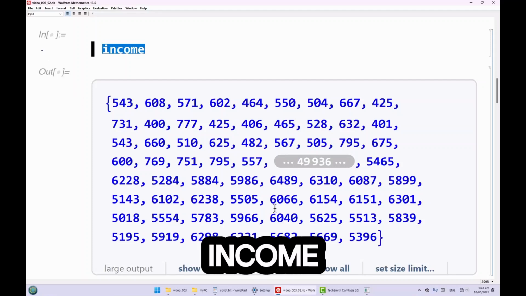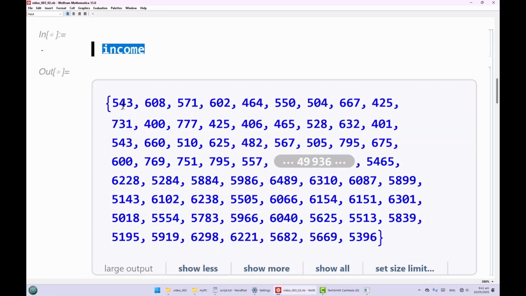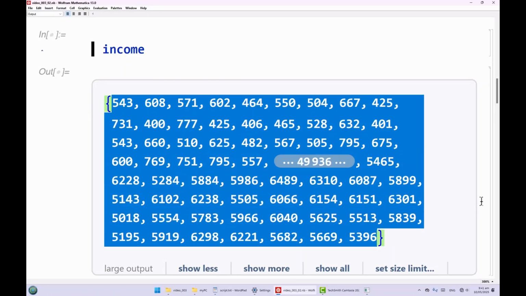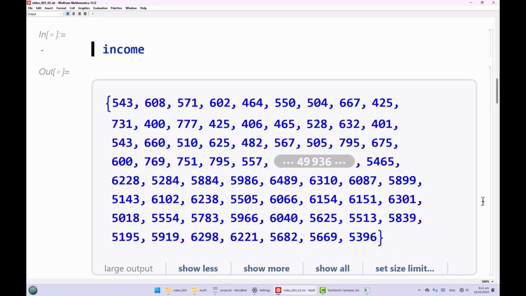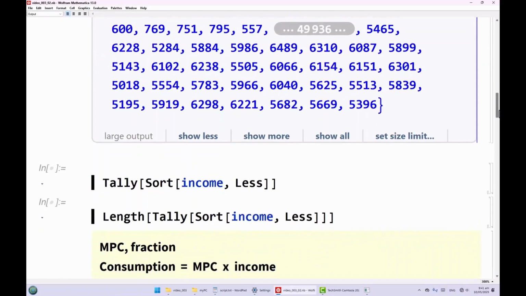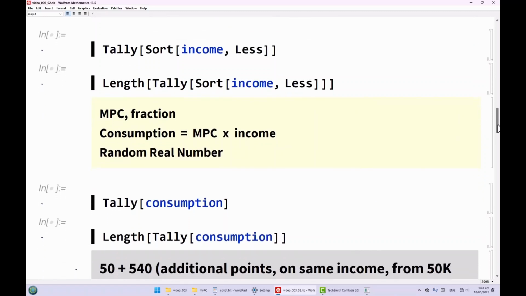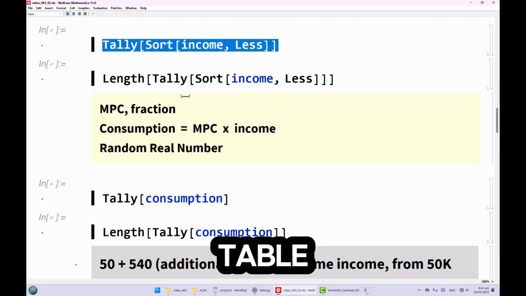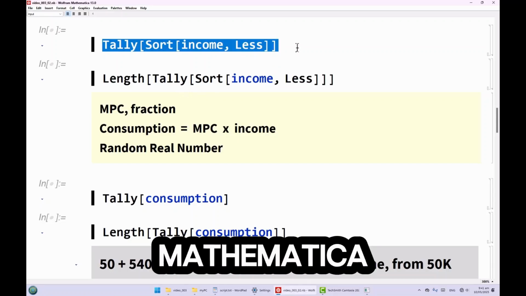Take a look at the income list. Population of 50,000 elements. Here is the frequency table, called tally, in Mathematica.